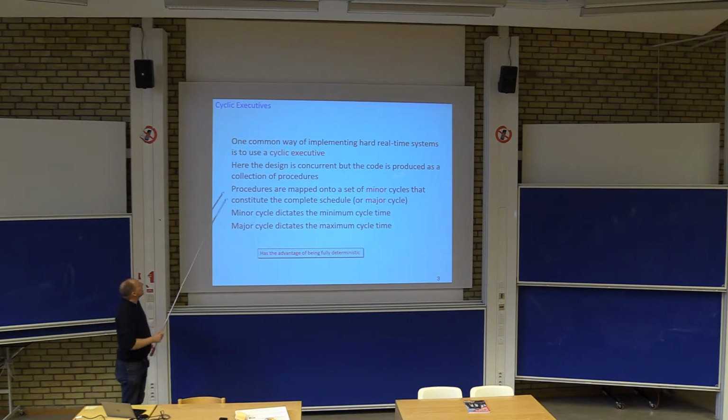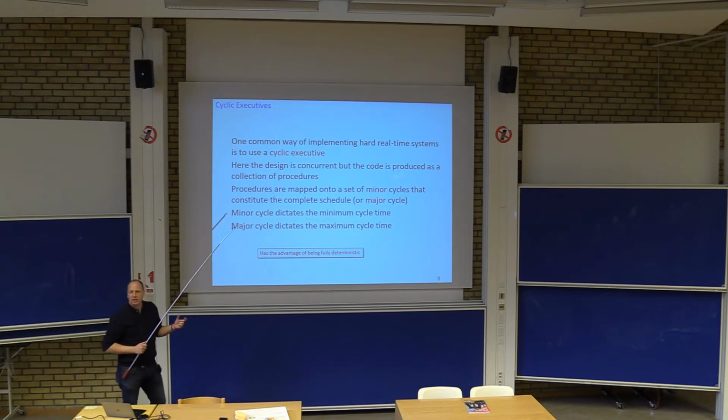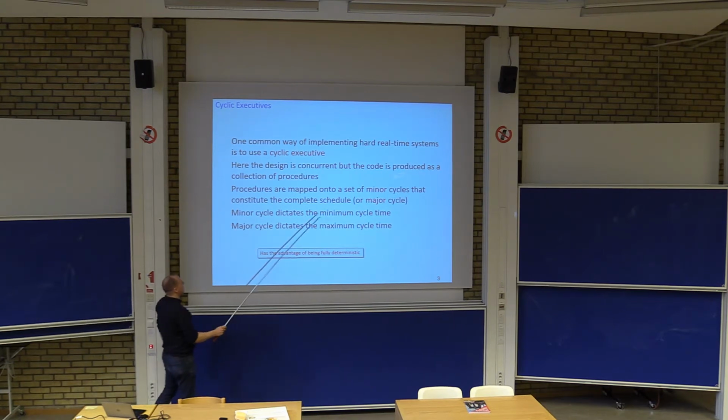If you use this, you don't really have tasks in the normal sense. Instead, you can think about each task as a procedure that is executed by the cyclic executive at different points in time. We have something called minor cycles and major cycles.